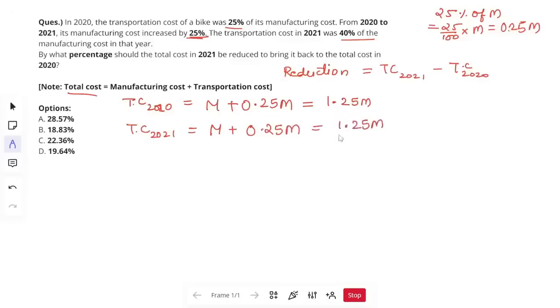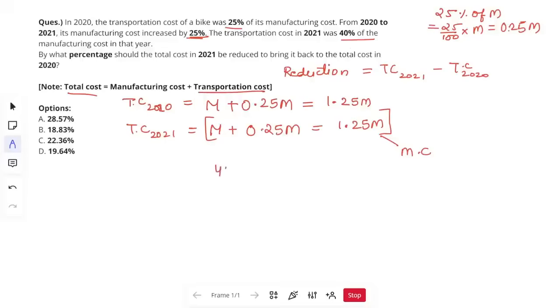Next, this is not the total cost. This is the manufacturing cost. Just understand, this much is the manufacturing cost. In order to find the total cost, we need to add the transportation cost also, right? Because we have seen that. Now let's add the transportation cost. So what is the transportation cost? Transportation cost is 40% of the manufacturing cost.